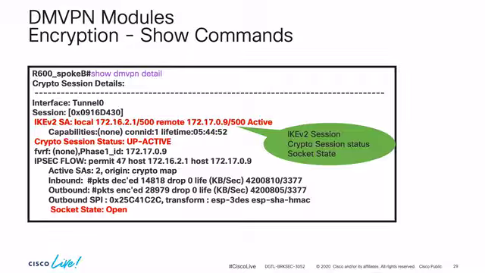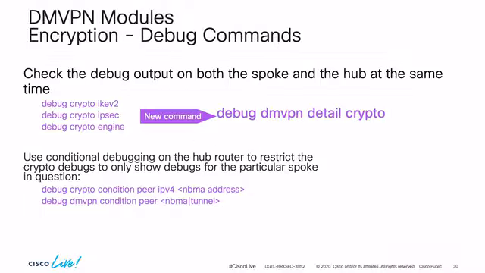Now that we've seen the different show commands which are available to troubleshoot, we need to see the debug commands which are available at the encryption module. Again, as I said, easy is the mantra of DMVPN. So instead of using individual debug commands like debug crypto IKEv2, IPsec, and crypto engine, you can run all of these different debugs with a single command.